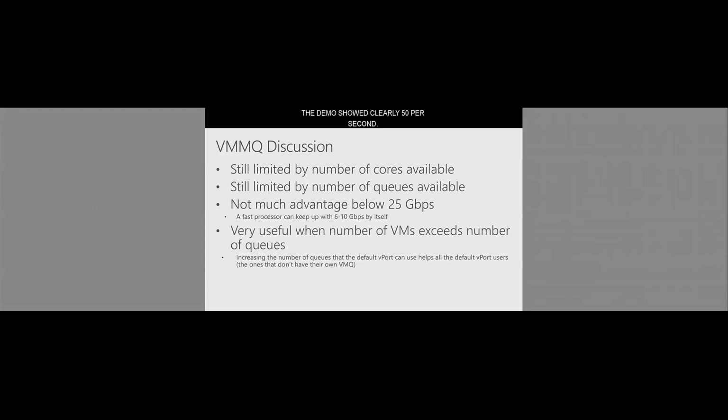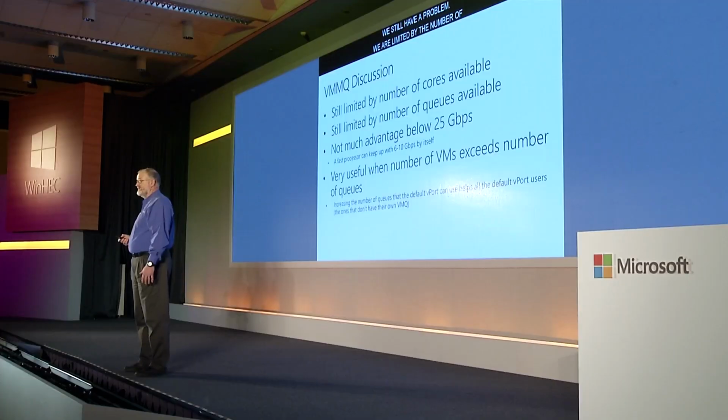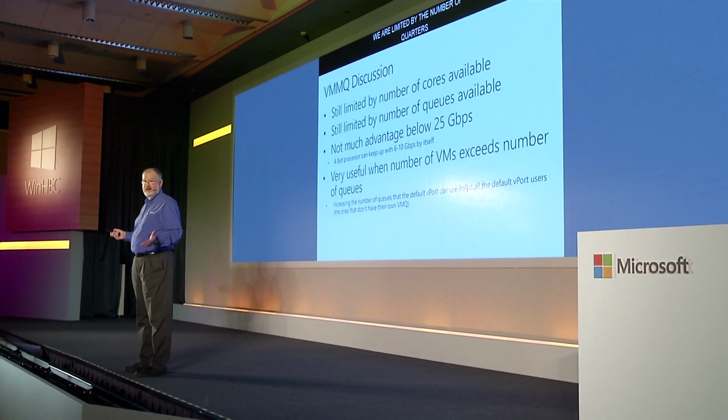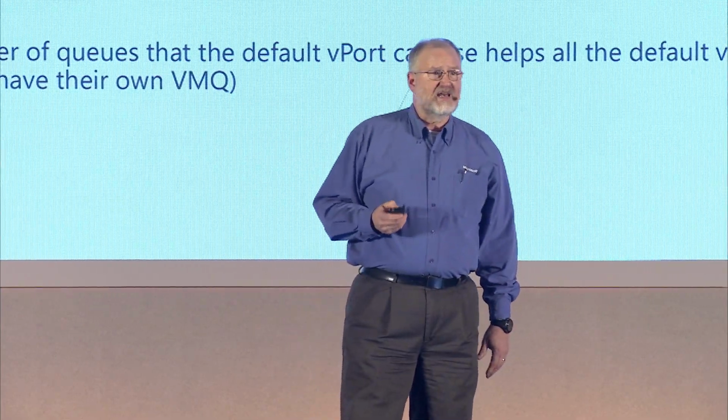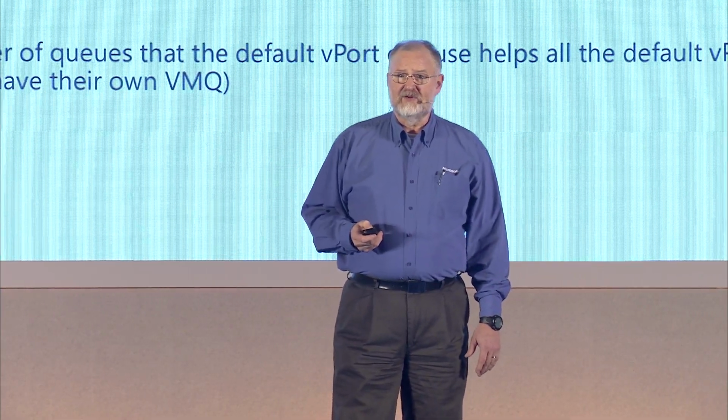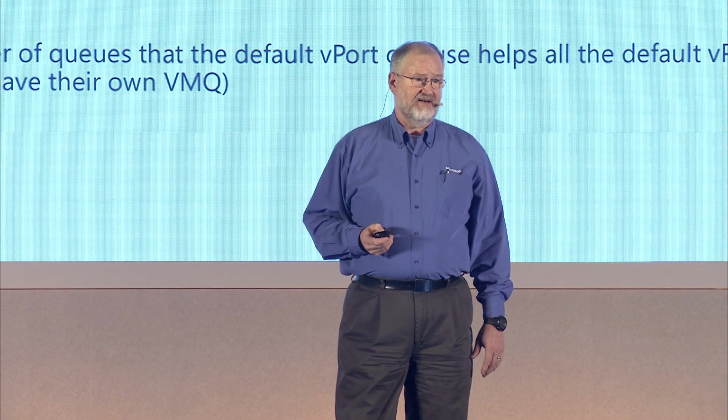Okay, we still have a problem though, because we're still limited by the number of cores we have. We're limited by the number of queues that the NIC has on it, because NICs only have a finite number of queues. And we don't see a lot of benefit for VMMQ below 25 gigabits per second.